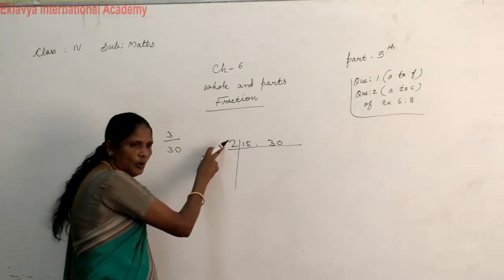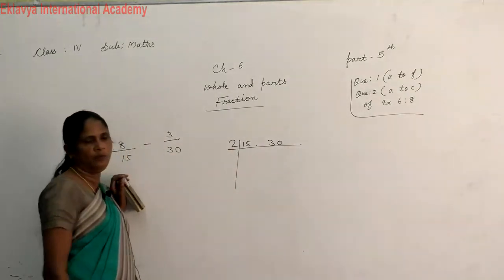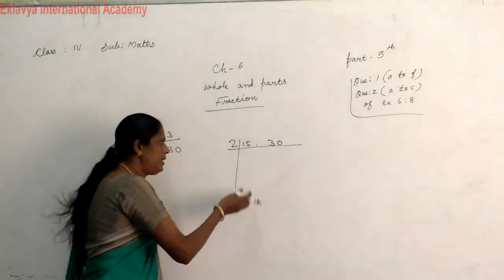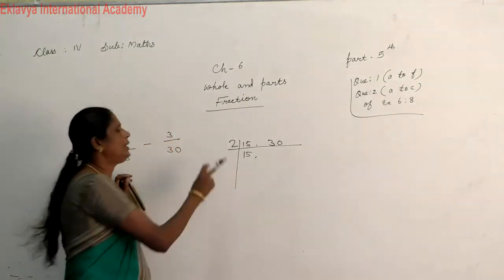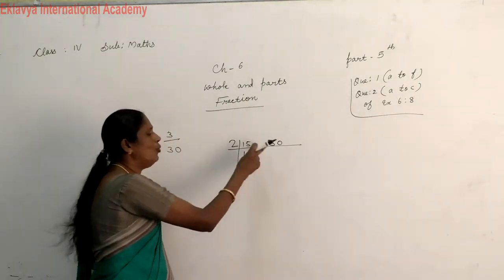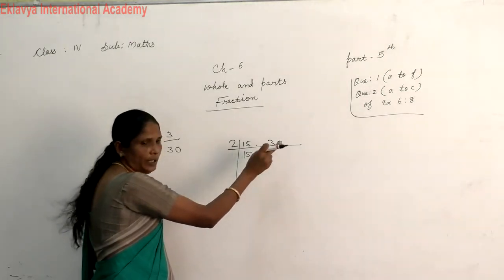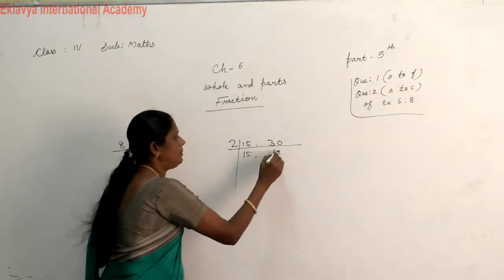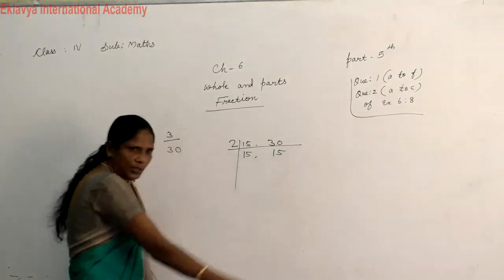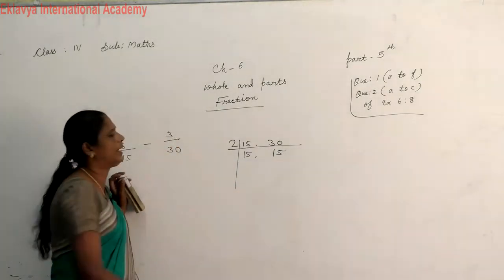2 does not divide 15. What do you do? Write it as it is, right? Then 2 goes into 30 how many times? 15 times. You divide in the rough notebook, then you write the answer.